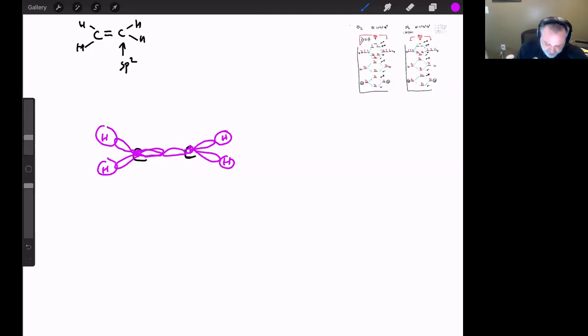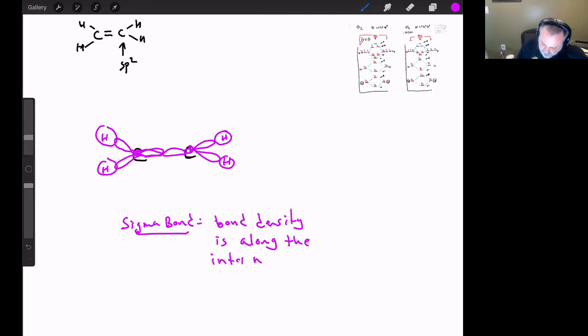Okay, so what's a sigma bond? This is a bond whose bond density is along the internuclear axis.